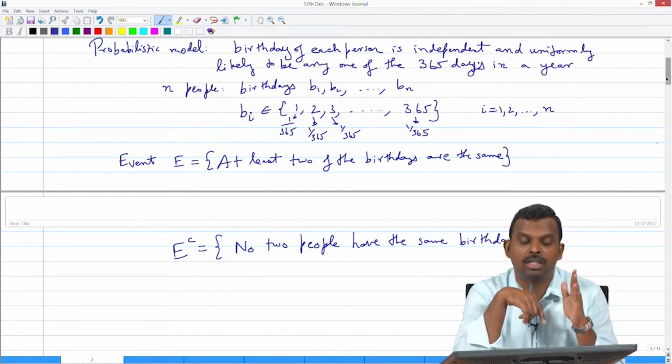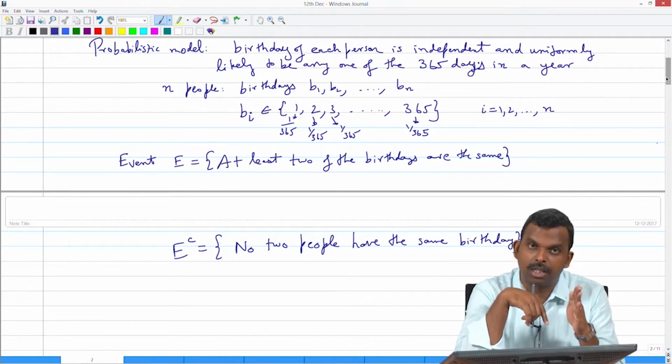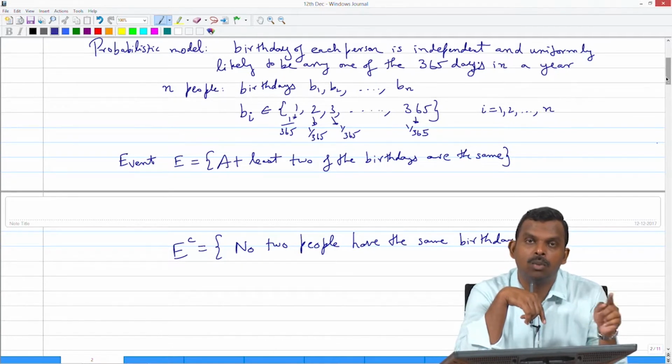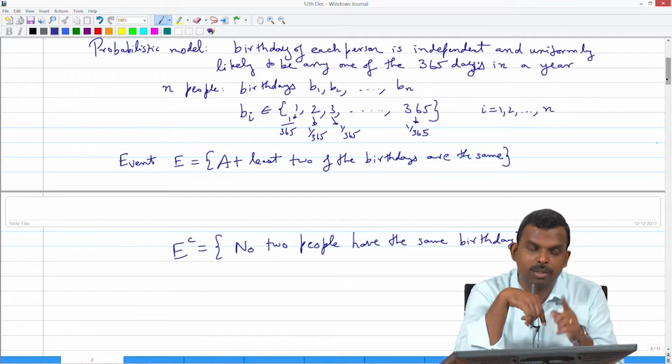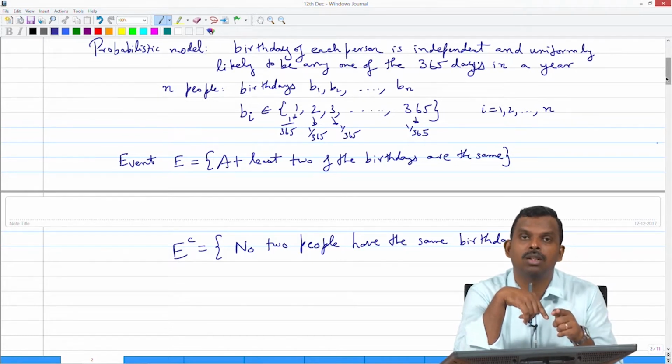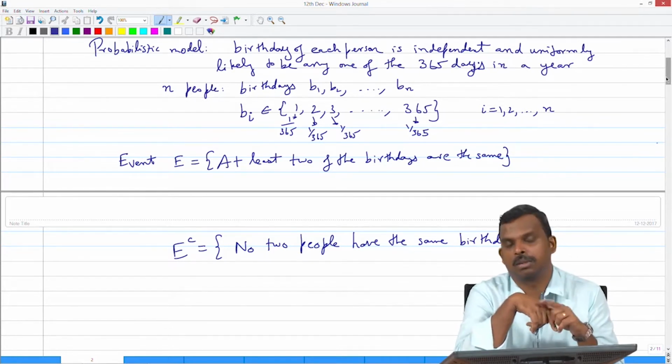Okay. So, we first look at the first person's birthday. Okay. The first person's birthday could fall on any one of the 365 days. Now, given that first person's birthday has fallen somewhere, where should the second person's birthday fall? It should not be on the same day as the first person's birthday.